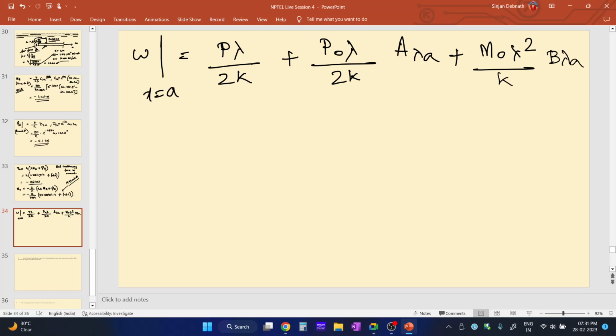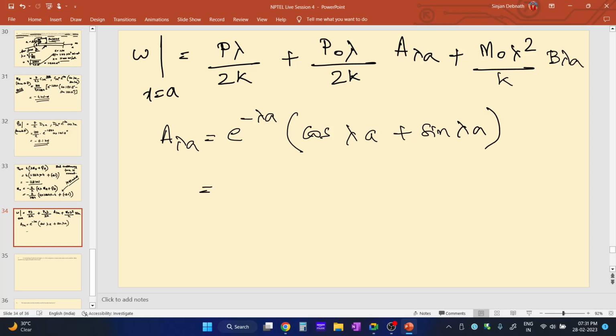So we need to find out the value of A lambda A and B lambda A. A lambda A is equal to e to the power minus lambda A, cos of lambda A plus sine of lambda A. Okay, so that means e to the power minus lambda A in radians, that is 1.836, cos of lambda A in degrees, that is 105.2 degrees, plus sine of 105.2 degrees.